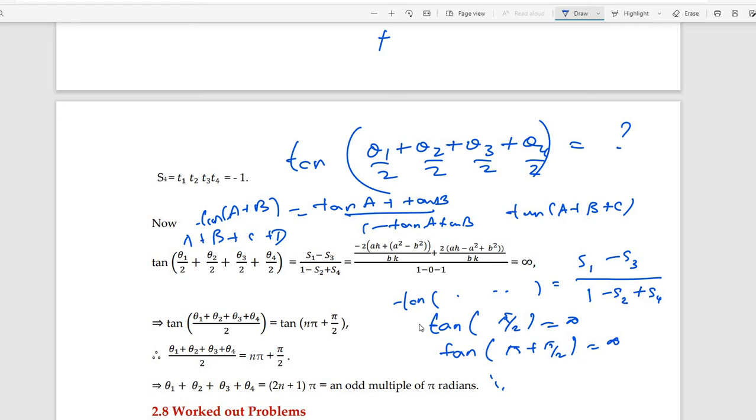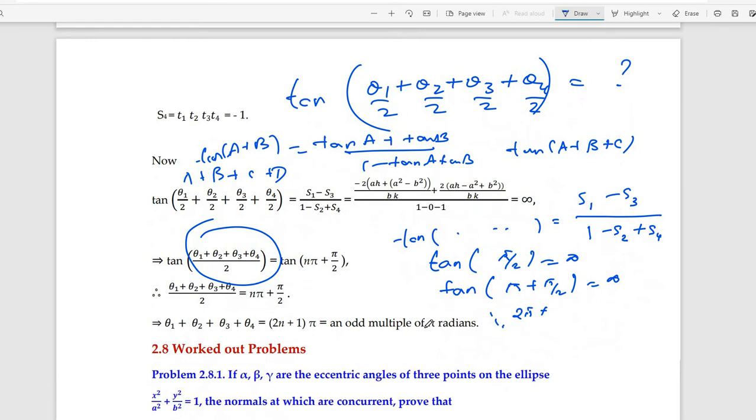So tan pi plus, and 2 pi plus, and so on. So in general, tan of n pi plus pi by 2. Therefore this argument has to be n pi plus pi by 2. On simplification, taking LCM, you get 2n plus 1 pi by 2, 2 can be cancelled. So it's an odd multiple of pi radians.